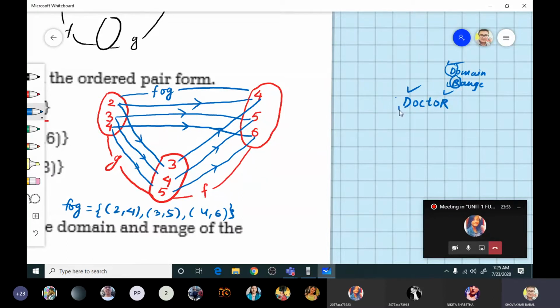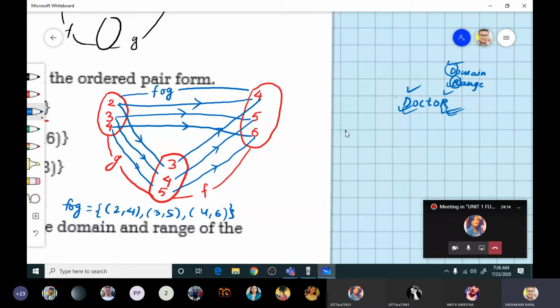So domain is always the first set in the mapping diagram, and range is always the second set in the mapping diagram. Okay, so in this function F composite G, if I look for the domain, what is the domain of F composite G?